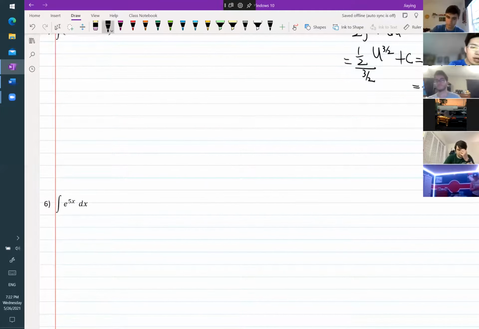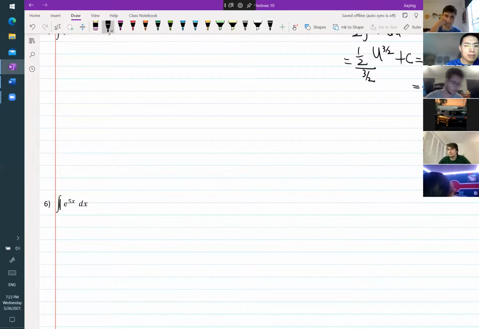So here, just by looking at it, I don't have a product. I only have one term. So assuming there might be an integer times this, and I'm just looking at the structure, it looks to me that this is the inner function.